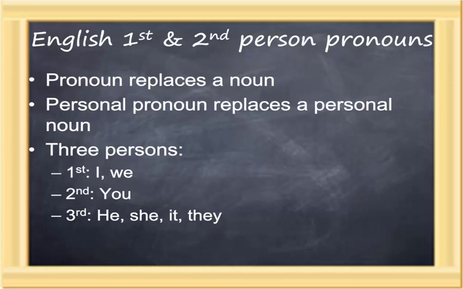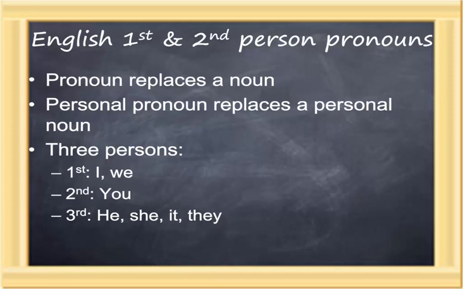First of all, pronouns in English. Pronouns stand in the place of a noun. The personal pronoun replaces a personal noun. For example, I replaces Mark. There are three persons to pronouns in English. There's the first person, the person speaking, I or we.